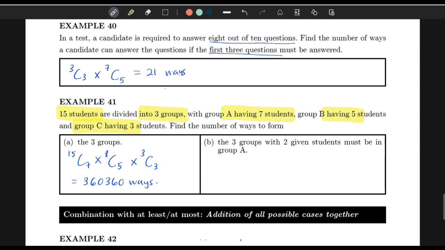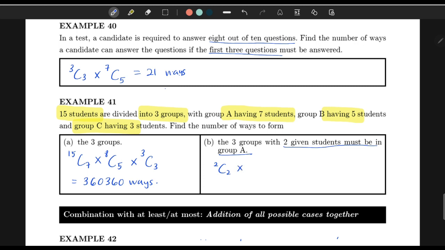For group A, the 2 given students must be in group A. So choose the 2 students into group A, and for group A we want 7 members.